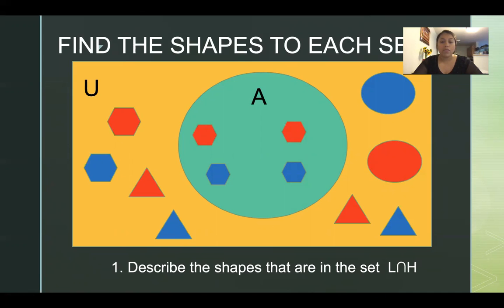Let S equal small sets, L for large, R for red, and B for blue. With that being said, we already know that L equals large and H equals hexagonal. Therefore, it has to be the large hexagonals, which are the ones that have a heart in them. That will help us identify.